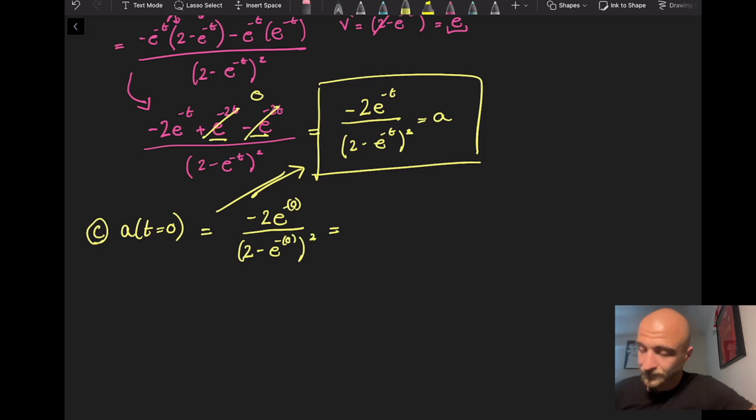Okay, I've plugged it in. E to the 0 is just going to give me a 1. So on the top, I have a negative 2. And on the bottom, I have 2 minus 1, which gives me a 1. 1 squared is 1. So the acceleration of the particle is minus 2.